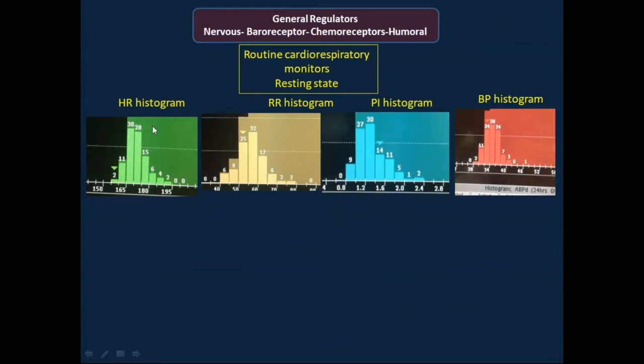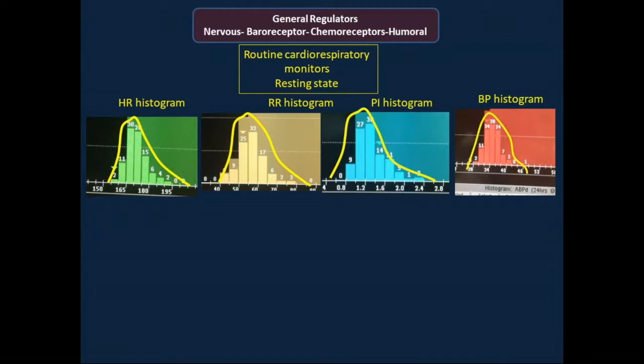Here you can see the heart rate, respiratory rate, perfusion index, and blood pressure histograms. And for a stable infant, we should see the histograms for all of these parameters with the same shape, like a normal distribution curve.